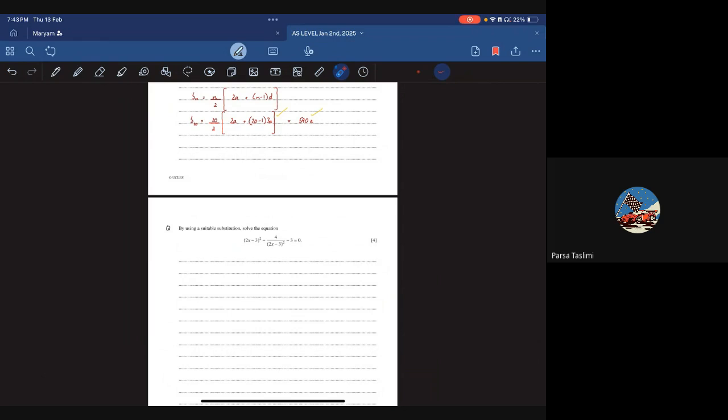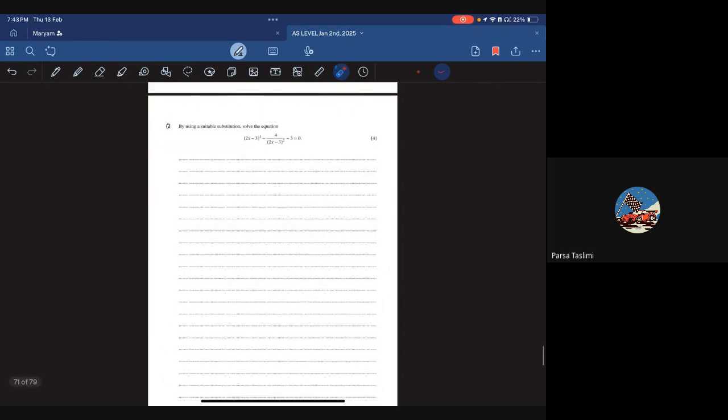All right, for the remainder of this class, what you can do is attempt this worksheet. It is on Google Classroom. Let me know if there's any issue.